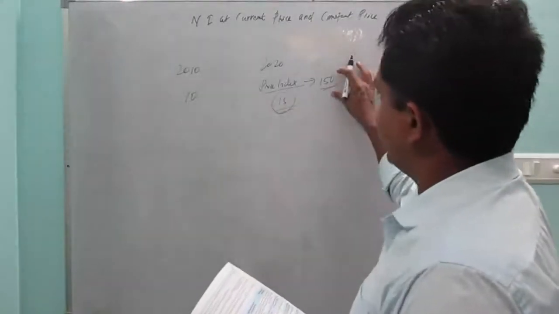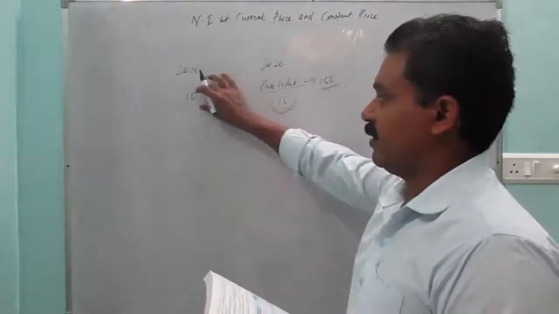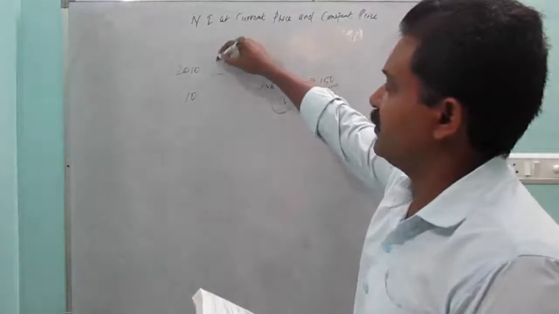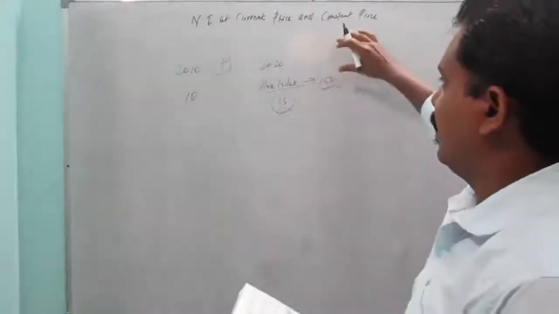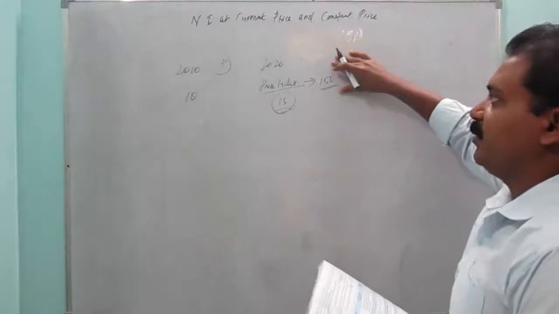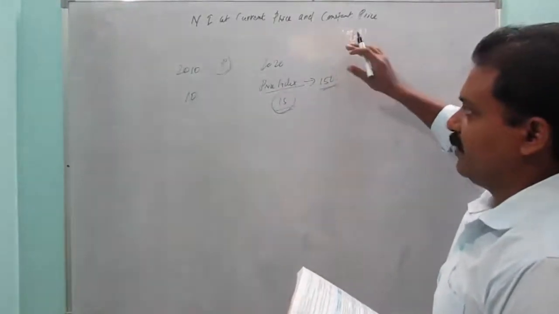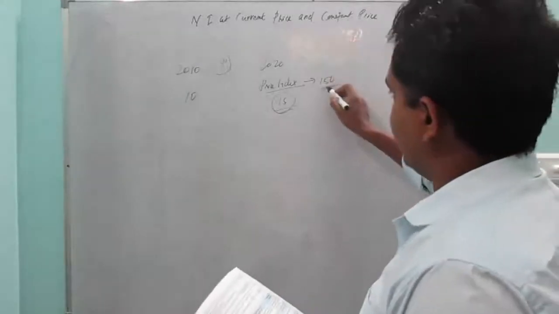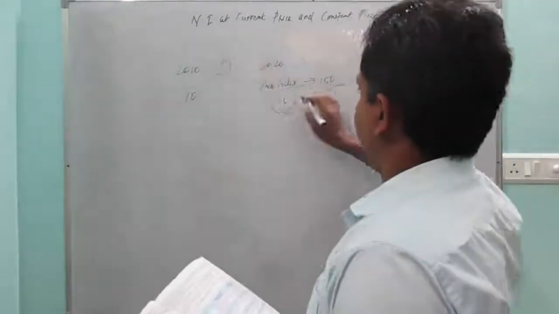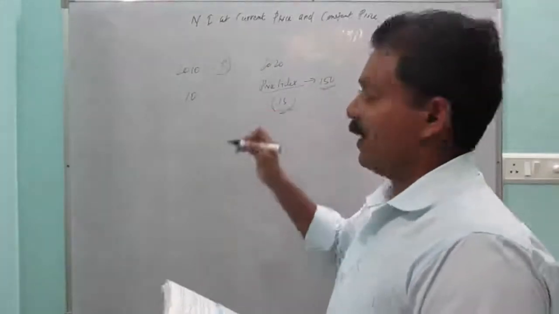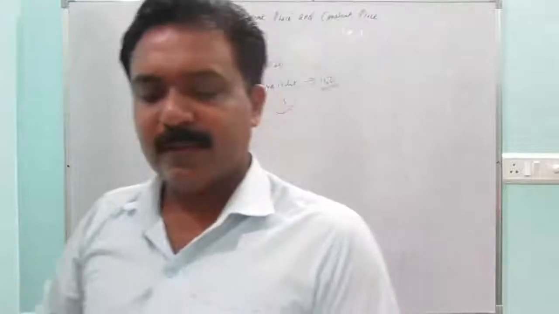A 50% increase is here. We fix 100 as the base year, and here the price index will be 150 percent. That 100 percent is the fixed one, and what is improving here we are going to see in detail. I will tell you that time so that you will understand in a better way.